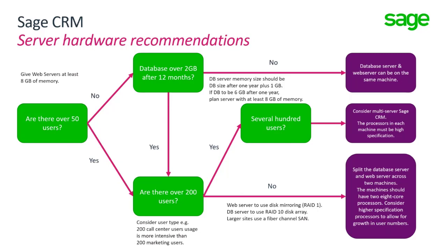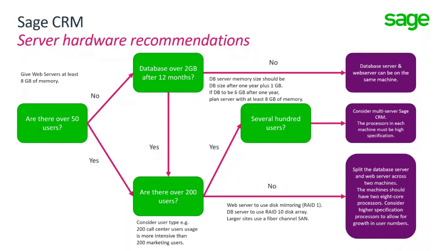Now here you can see that I'm looking at server hardware recommendations. I would refer you to some training videos that are up on the Sage CRM YouTube playlist, and this will talk through the considerations of server hardware recommendations very carefully.